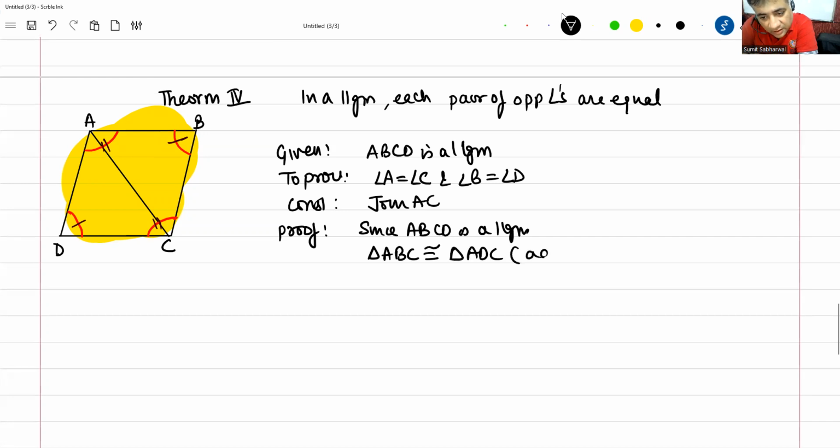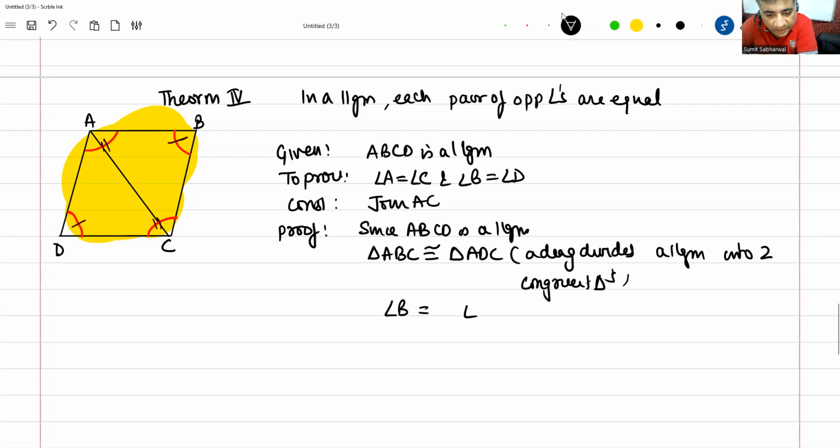The reason: a diagonal divides a parallelogram into two congruent triangles. Now, since the triangles are congruent, you can say that angle B is equal to angle D by CPCT.